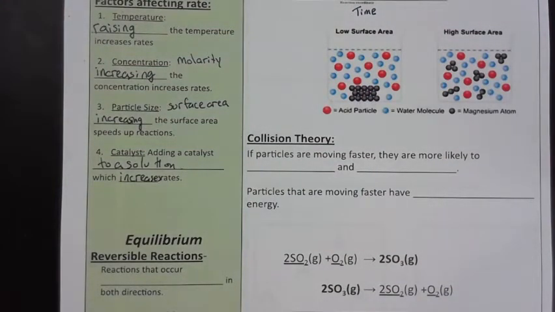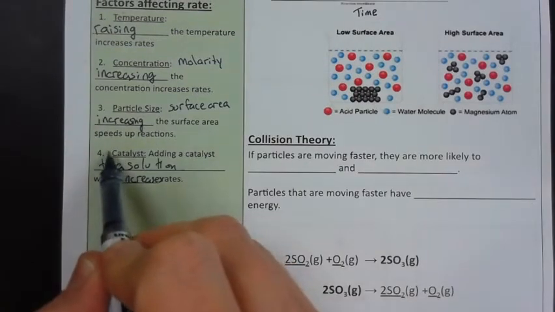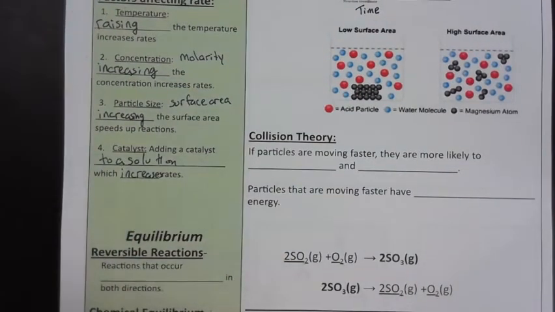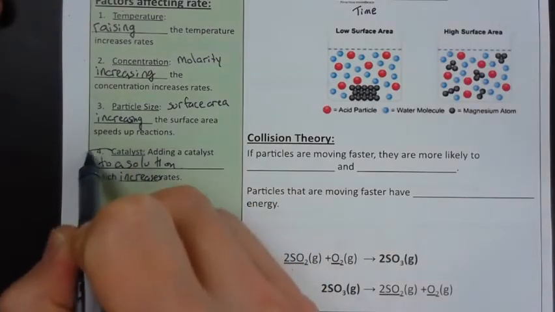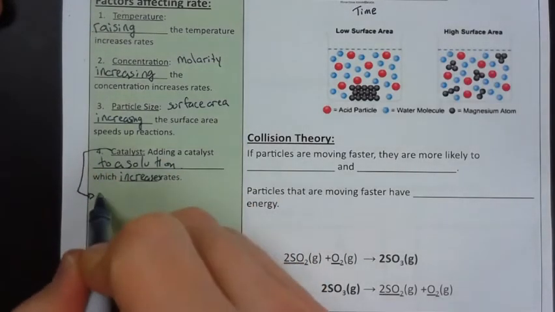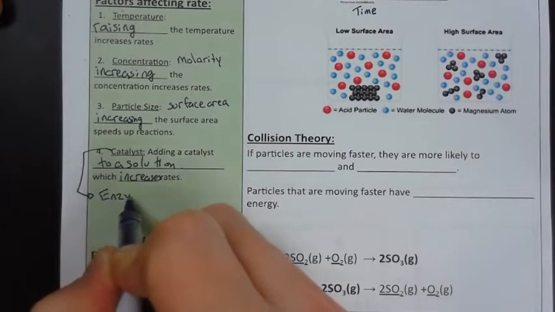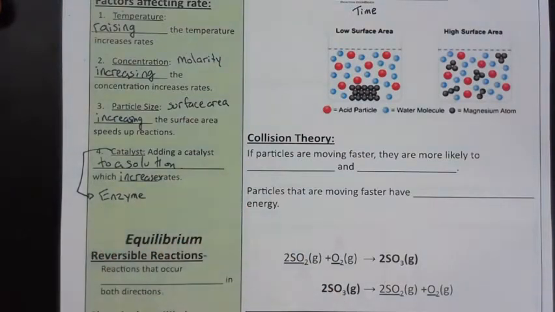So the one thing that we have to remember here with a catalyst is that it's something alternative to the reaction. So it's not a necessary reactant in the system. So the most common example that we use every year as a catalyst is an enzyme. Do you remember from biology? Enzymes are part of a necessary biological pathway that helps a particular biological reaction to occur.